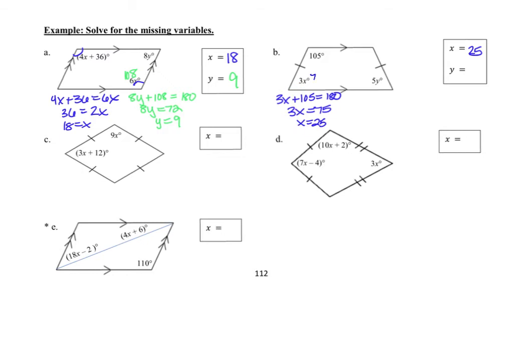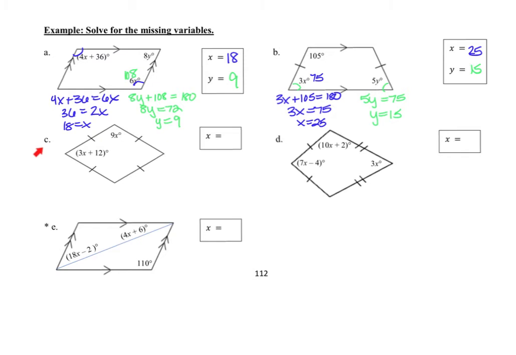So I know that this angle is 75. Now I can use the isosceles trapezoid base angle theorem and set these two equal to each other to find the value for y. So 5y is equal to 75. Divide by 5 on each side, you get an answer of 15 for y.